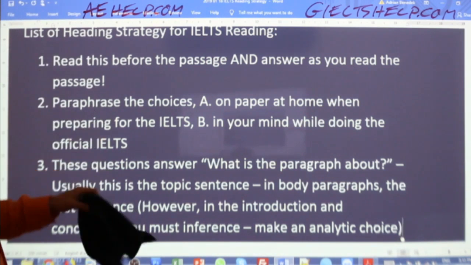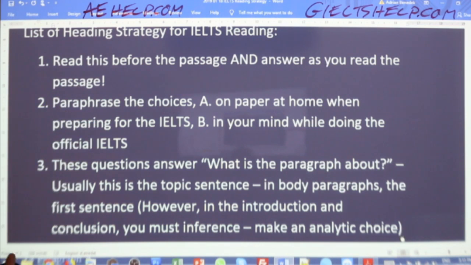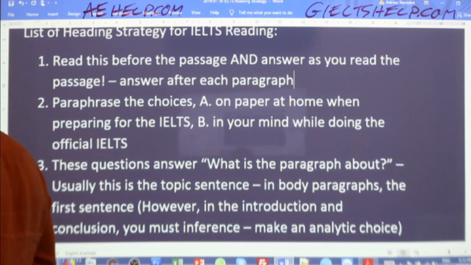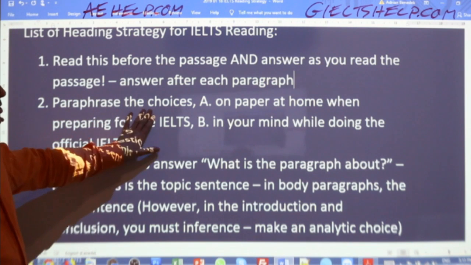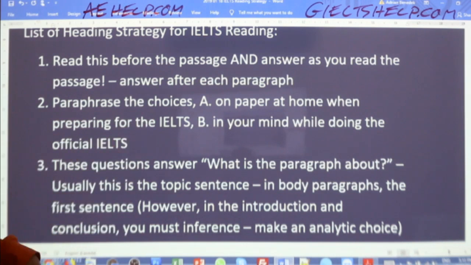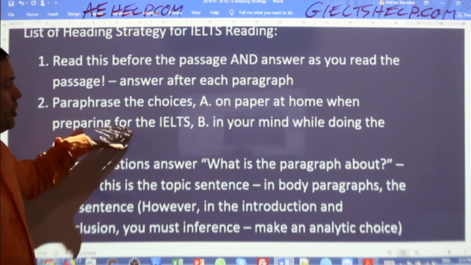Read it before the passage. Answer these questions as you read the passage. To be more specific, answer after each paragraph. Okay. Paraphrase the choices. It's very important because the answers are paraphrased with synonyms and descriptions. When you practice them at home, do it on paper.